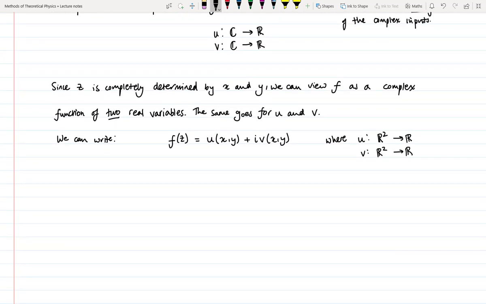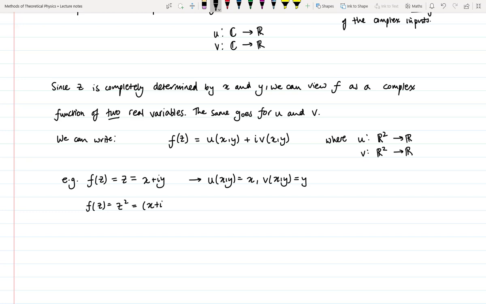I'll quickly write down a couple of examples so you can see how we write down u and v. So let's take the example that f of z is z, in other words, x plus iy. Well, then it's easy to see that the function u is x and the function v is y. If instead we try something like z squared, this is x plus iy squared.